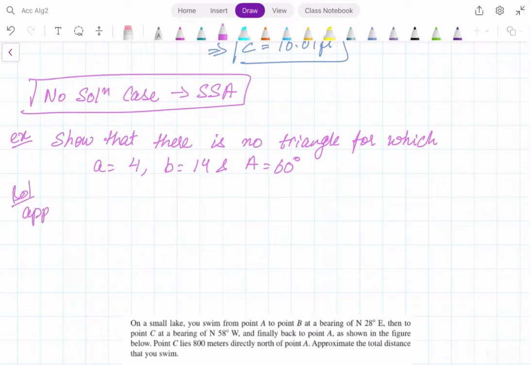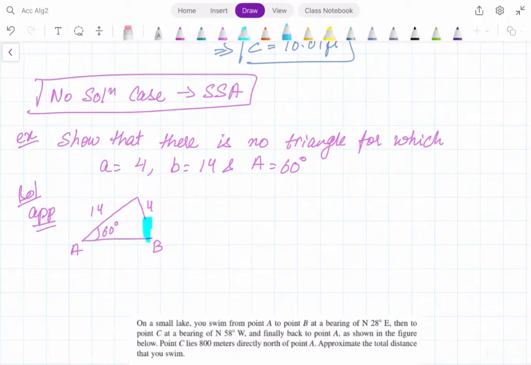If I try to construct it, angle A is 60 degrees and the side opposite to angle A will be side A, and that is 4. So side B is 14. I can see just by the eyeball that I cannot create a triangle out of it because A is less than H.